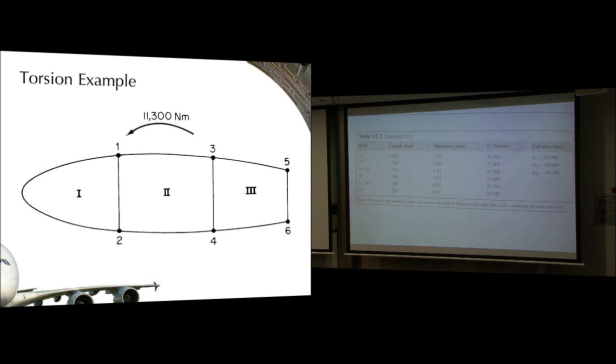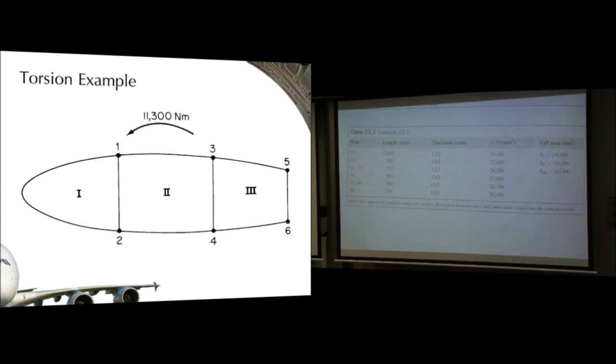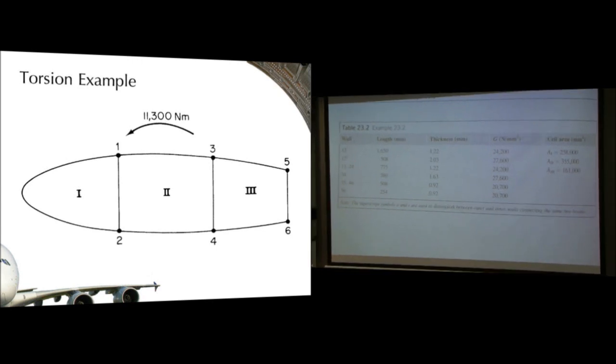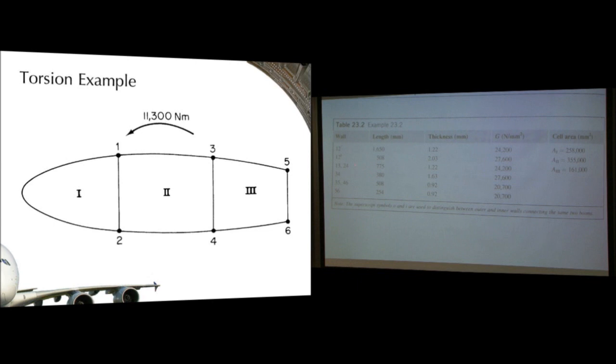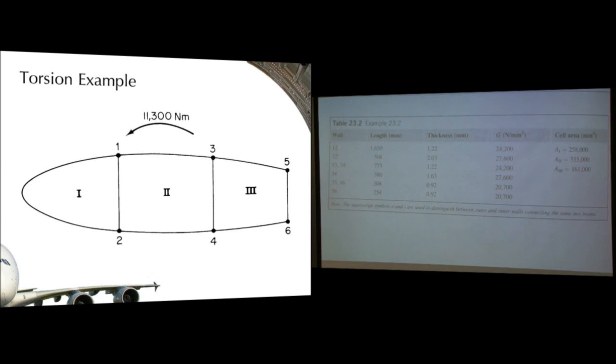So here he's got a numbering system for the walls of the cell. So 1, 2, little superscript O means outer. So 1, 2 outer is the outer part that's got numbering 1, 2. 1, 2 superscript I is 1, 2 inner. So it's the wall here.